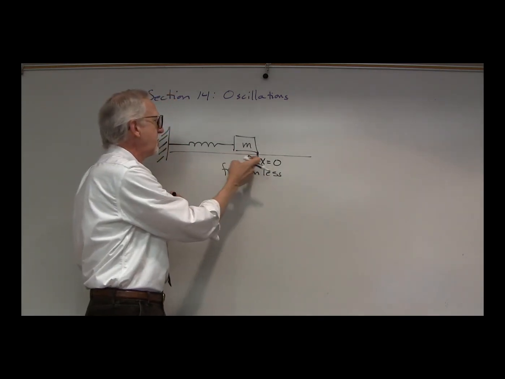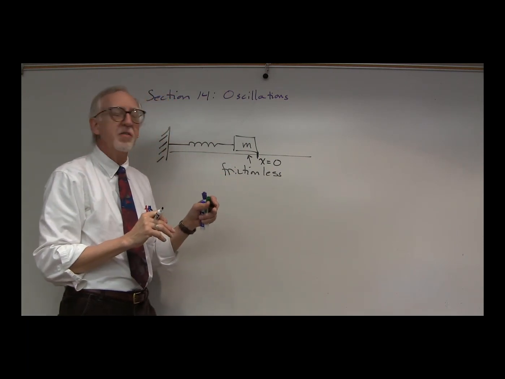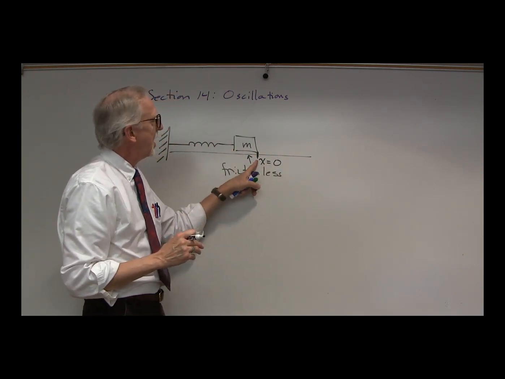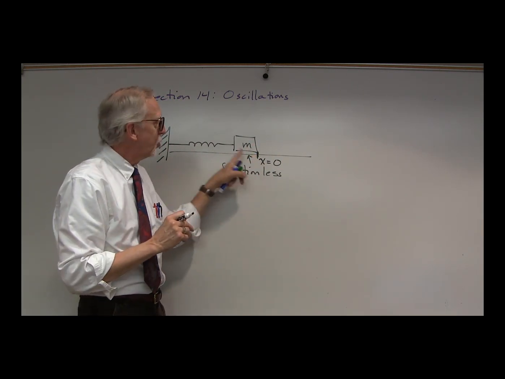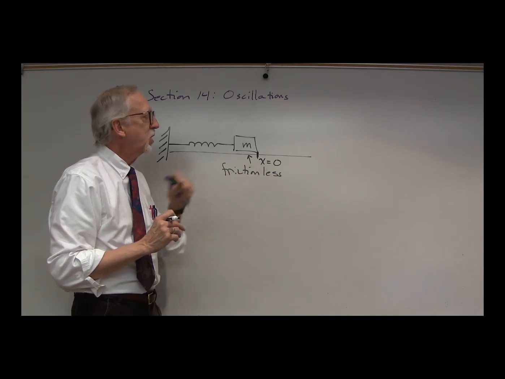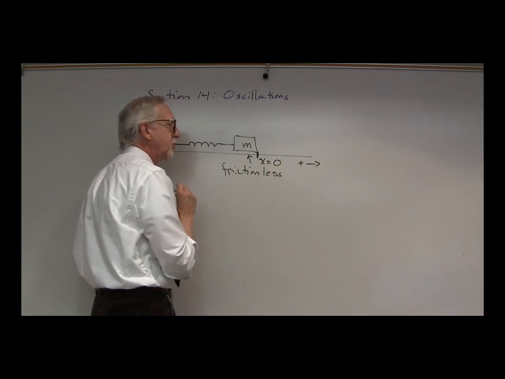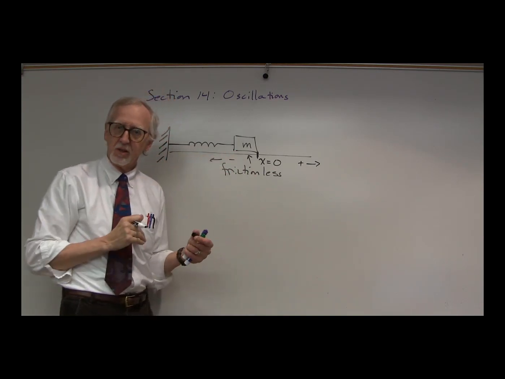And it doesn't matter if you want to measure the front of the mass, back of the mass, middle of the mass, whatever. We'll just call that point and always measure the position of the mass from that point. The position then of the point on the mass when there is no force acting on it, we'll call that x equals 0. And positive values we'll assume to the right, negative values of x we'll assume to the left.